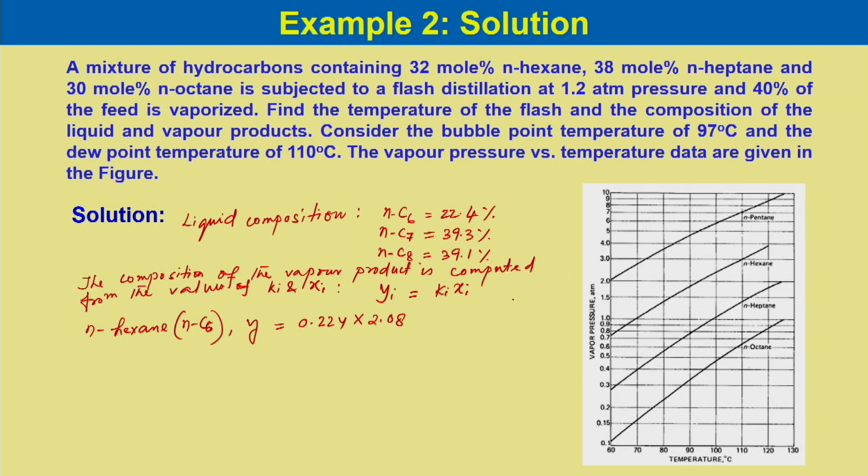As we know, K nC6 is 2.08, K nC7 is 0.92 and K nC8 is 0.42.